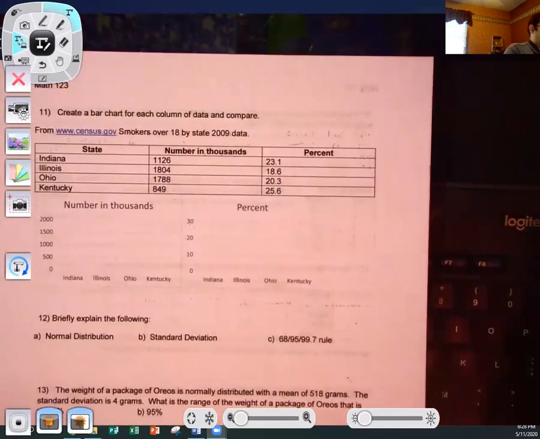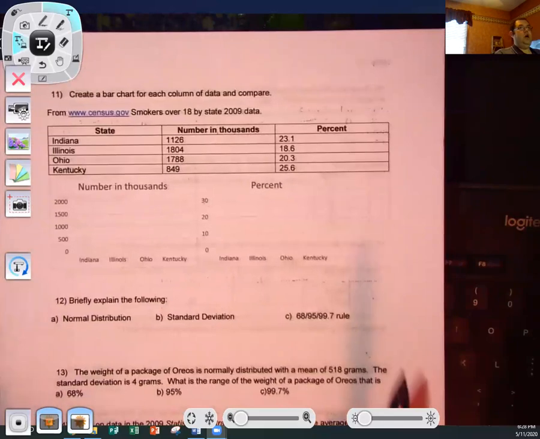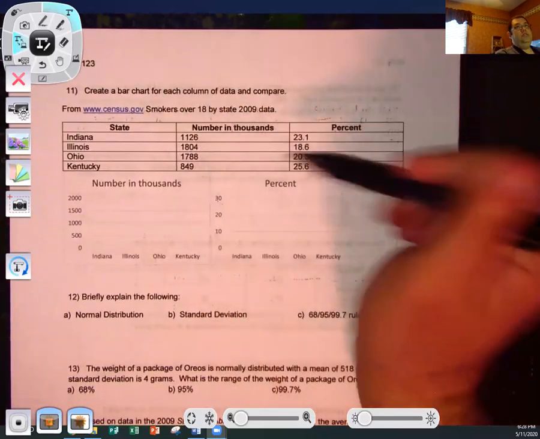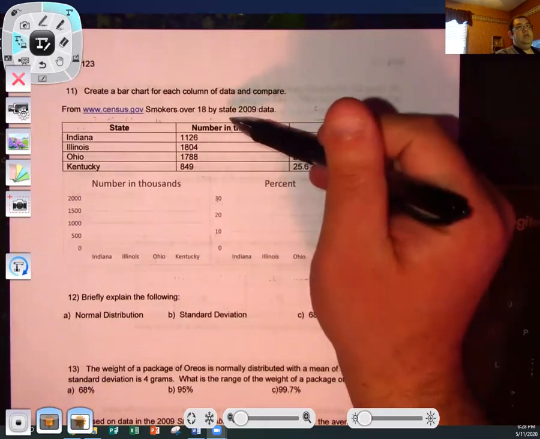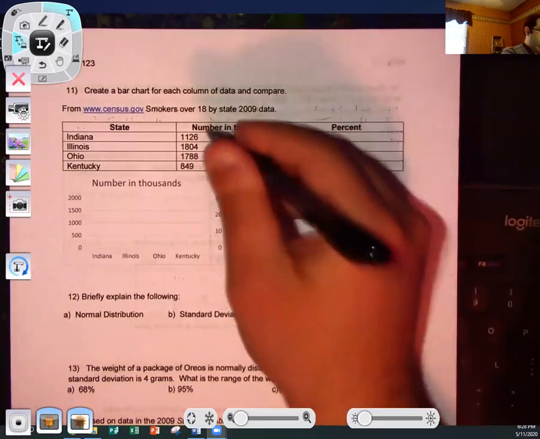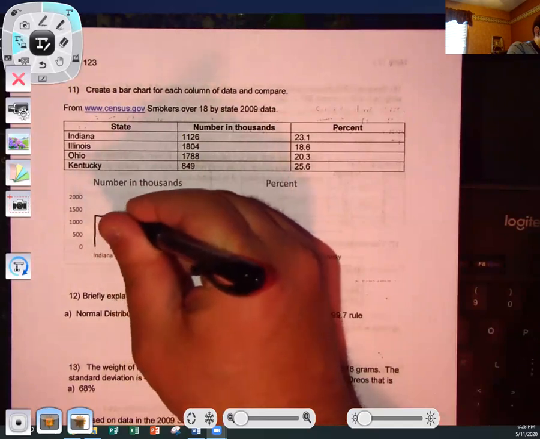All right. Question 11. Question 11 says create a bar chart for each column of data and compare. So notice they give us 2 columns. They give us the number in thousands and they give us the percentage. So when I come over here, I do Indiana's bar, I go up to approximately 1126.